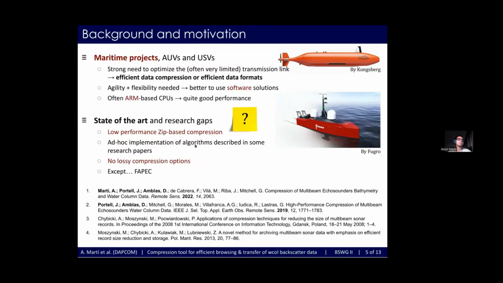There also exist some ad hoc implementations of algorithms described in research papers. For instance, in these 4 papers, there are these kinds of algorithms. Another problem is that there are no lossy compression options. So either you compress everything with zip and without losses, or you don't compress anything. But there's an exception, and that is FAPEC.